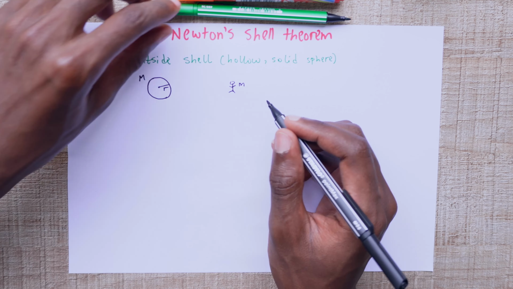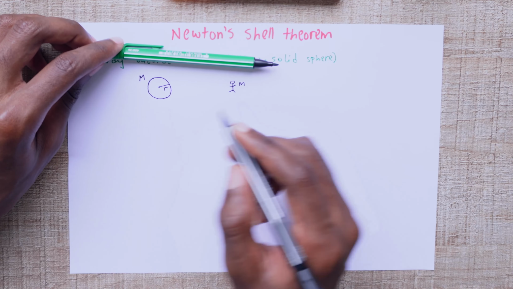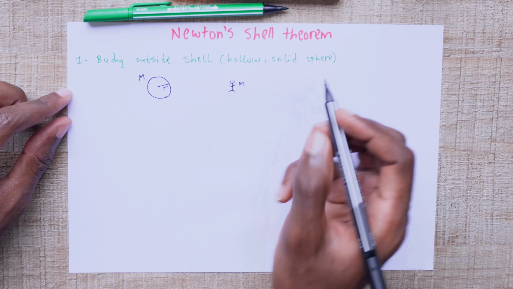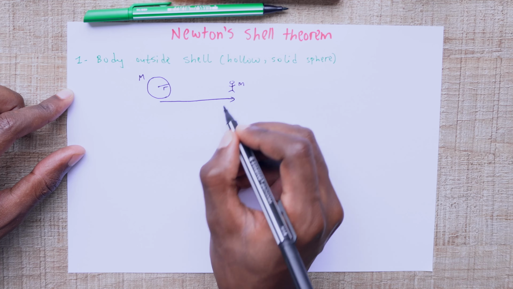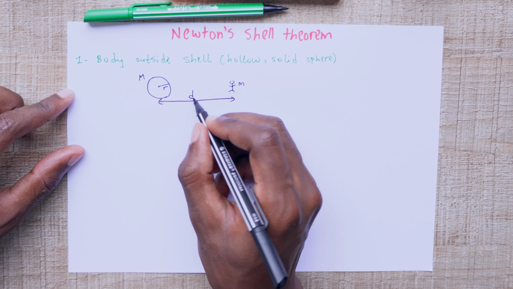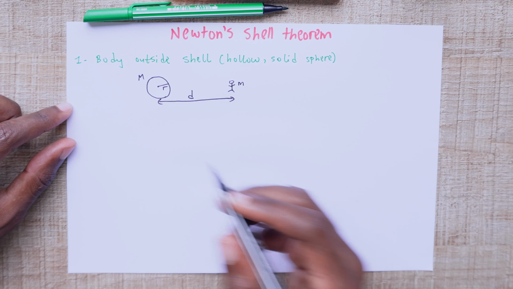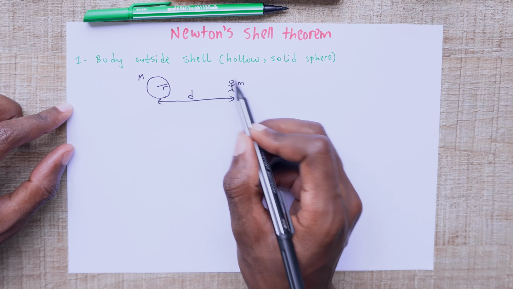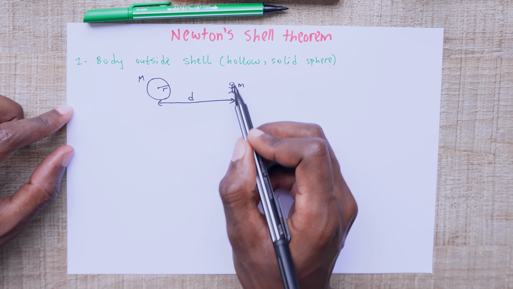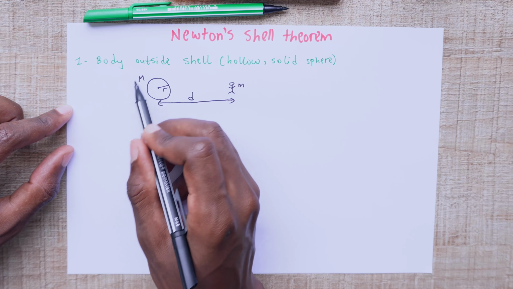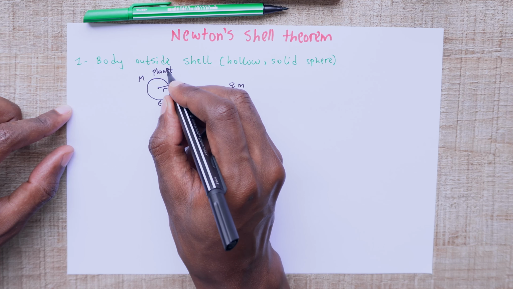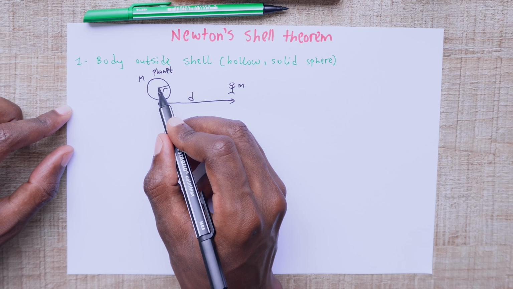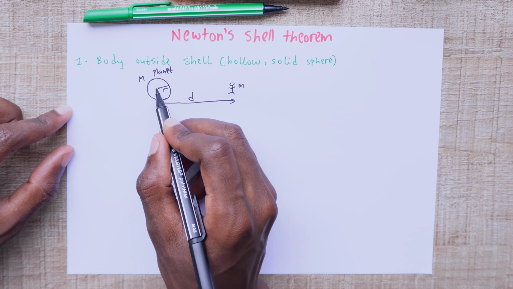Which means, if we suppose the distance between the center of mass of this body and this body is d, then this body is going to be attracted to the planet as if that planet was a point located at its center of mass.